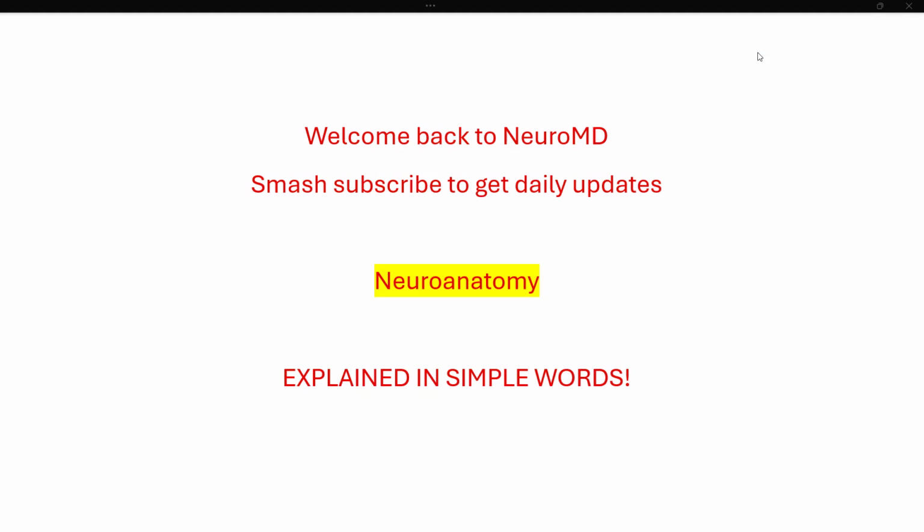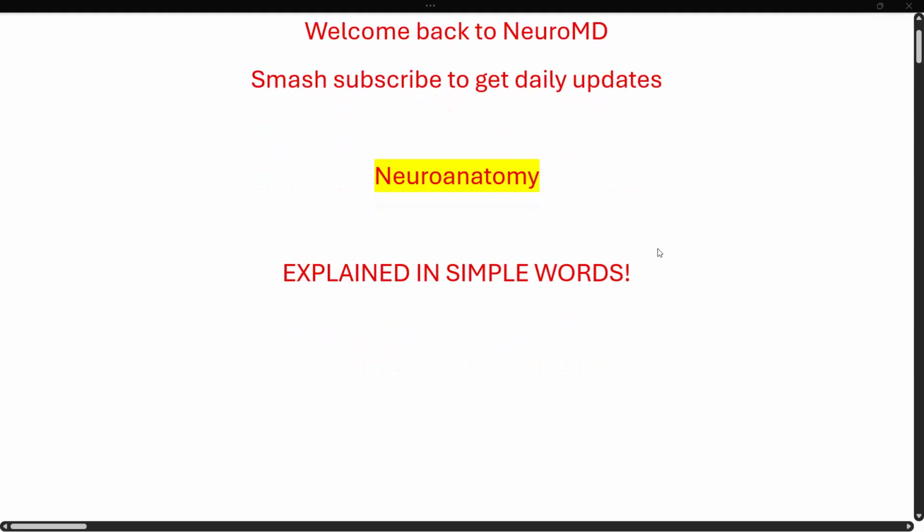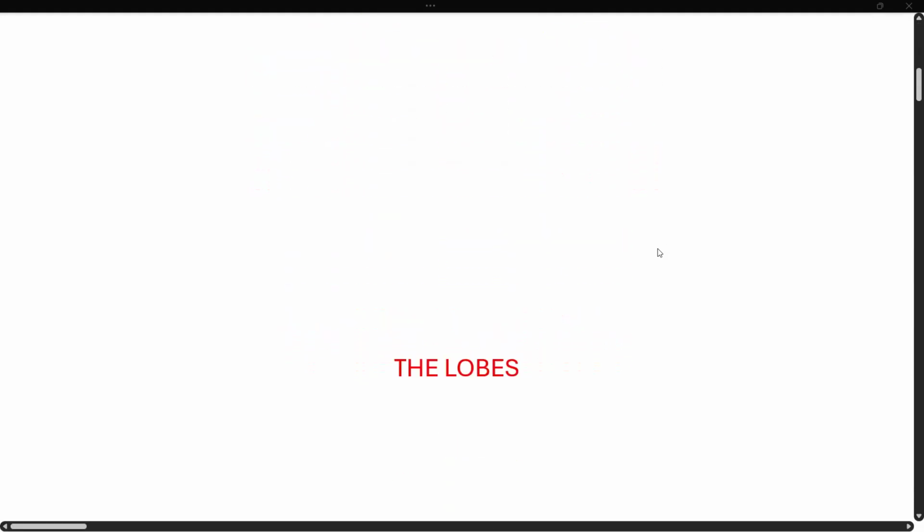And today in this one, I'm going to explain it in very simple words, so you're not going to have any trouble understanding it. Okay, let's get started. All right, here, first one, the lobes, right?